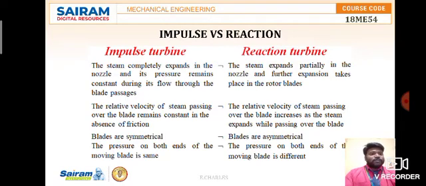But in the reaction turbine the blades are asymmetrical. The stator, the guide blades, act as a nozzle, and the moving blades act as a rotor. The blades are not similar; they are of asymmetric shape.